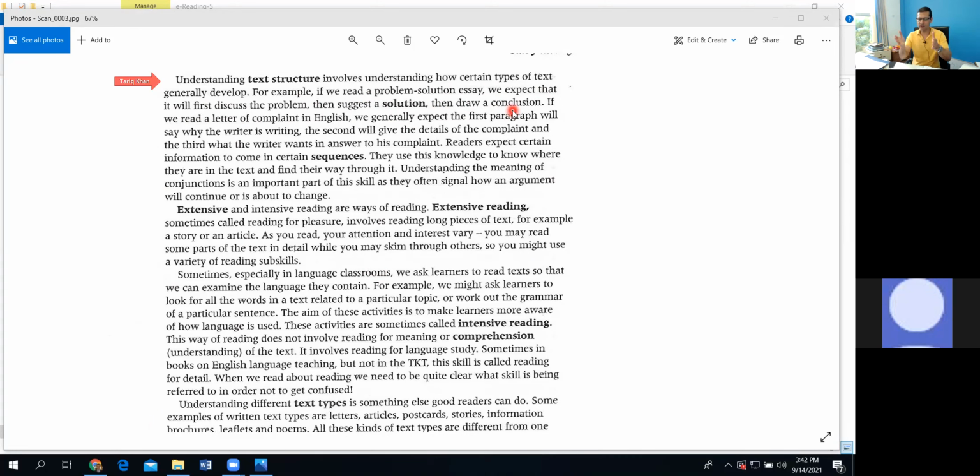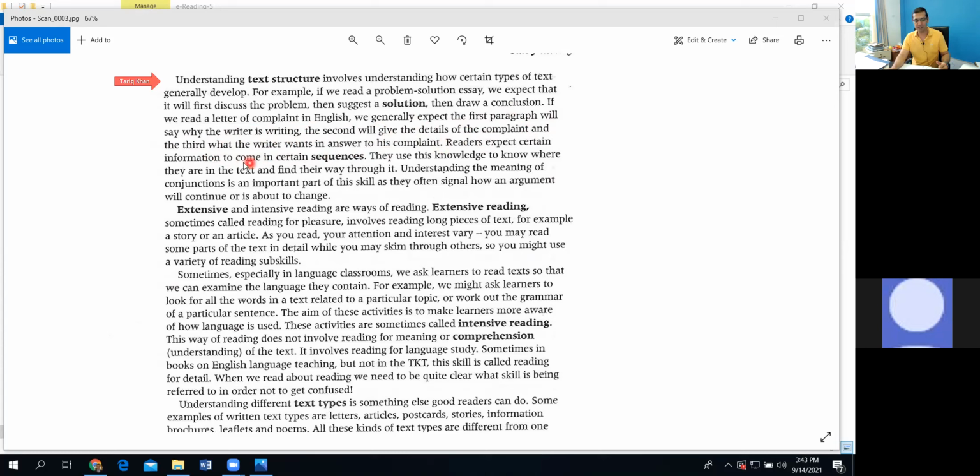So that's the usual structure of the problem solving essay. If we read a letter of complaint, it has its own text structure. We generally expect that the first paragraph will say what the writer is writing about. The second will give the detail of the complaint, and the third, what the writer wants in answer to his complaint.